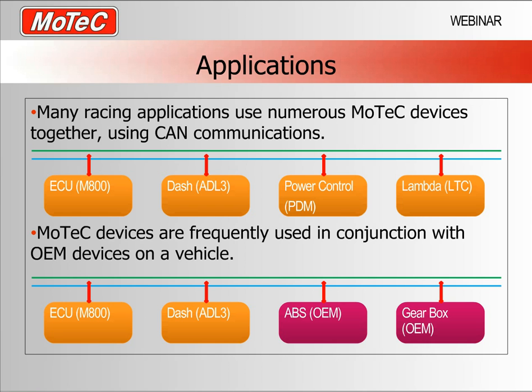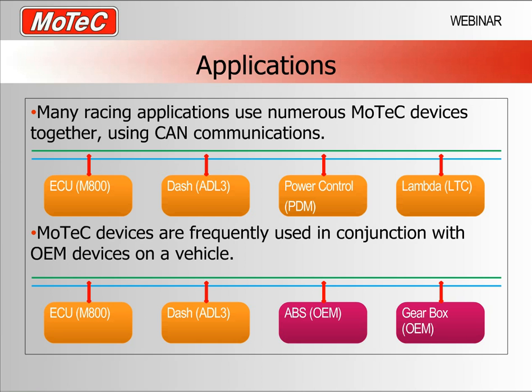In this case, each of these ECUs, as we showed earlier, has hardwired sensors going into it and then is exchanging information across the CAN bus. Each of these devices has a predefined template or library, which is available when you install the software. So to set up communications between these four devices is extremely fast. Effectively, you don't need to understand the underlying information. You can simply select the template.